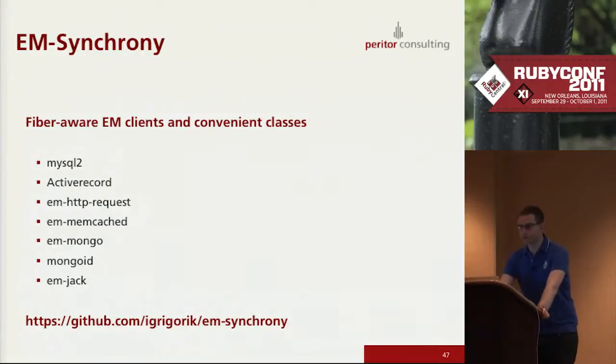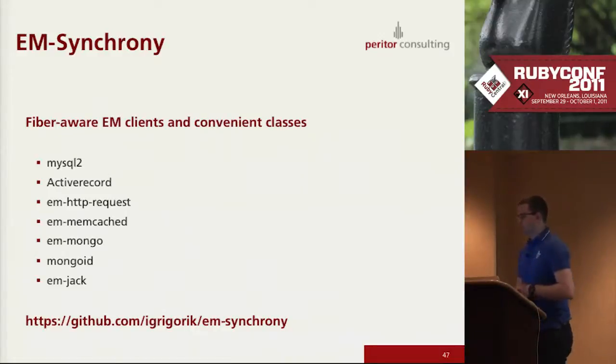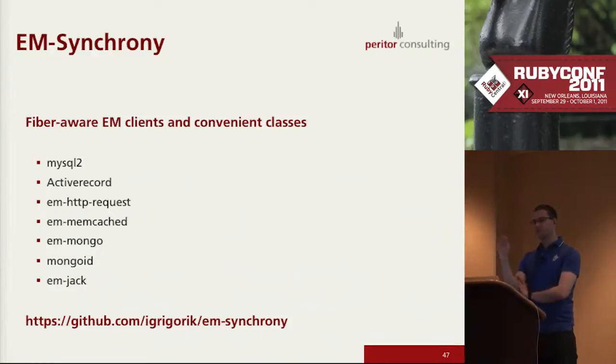For example, for MySQL2 and ActiveRecord, it works out of the box, for EM-HTTP-Request, for a couple of MongoDB mapper libraries, and for EM-Jack. So you don't have to do that manually. Just by requiring EM-Synchrony and calling EM.synchrony instead of EM.run, you can use synchronous-looking code, but in reality it's asynchronous.